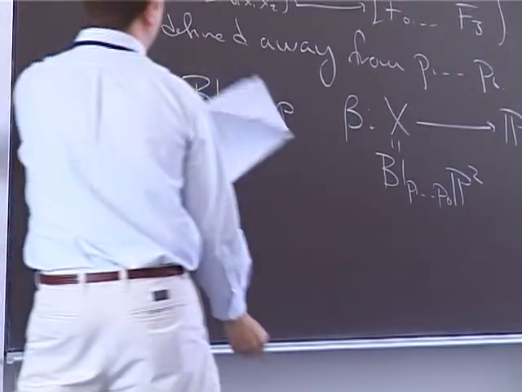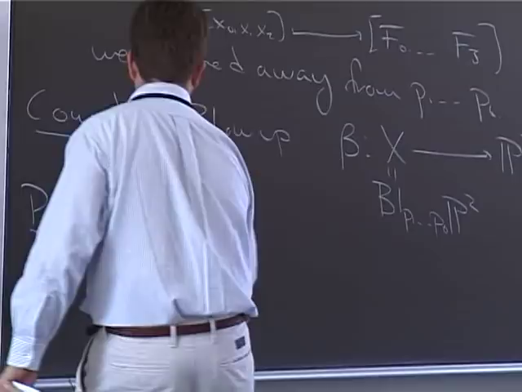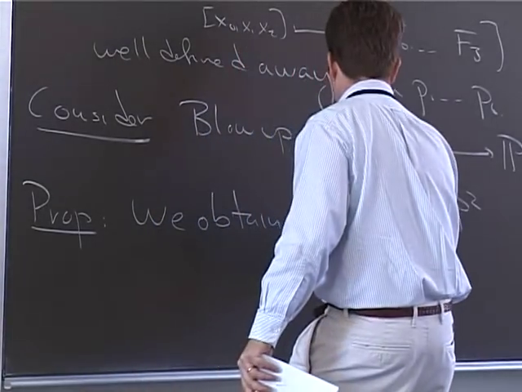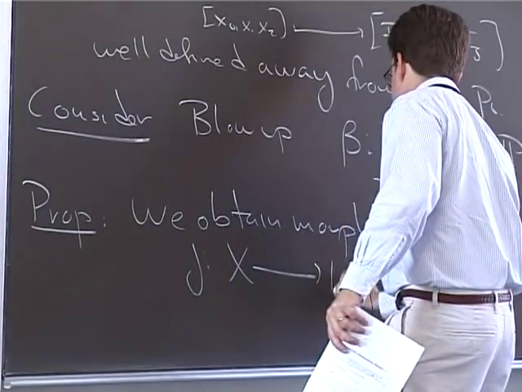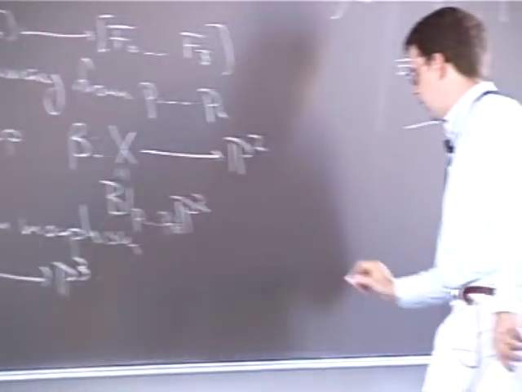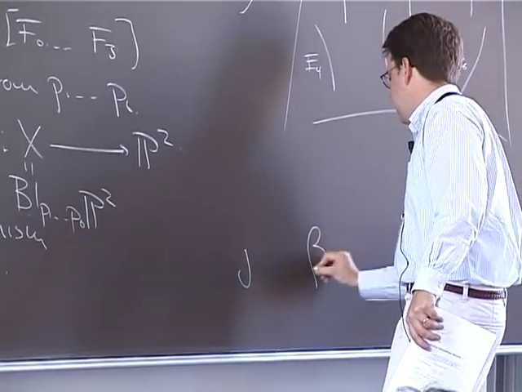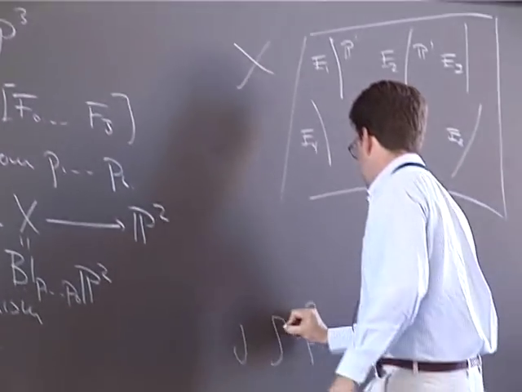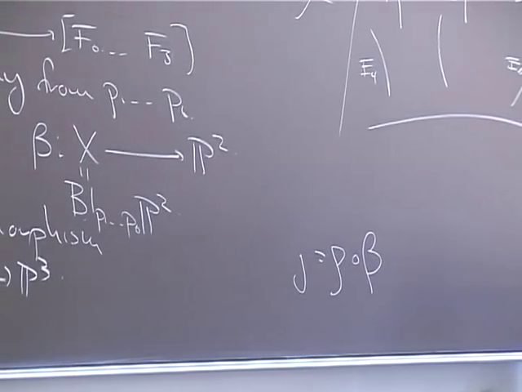So after blowing up, we obtain a morphism J from X into P3, so that if I compose beta with the rational map, let me call this rho, this is just equal to J. I've resolved the indeterminacy of the map by eliminating the base points.